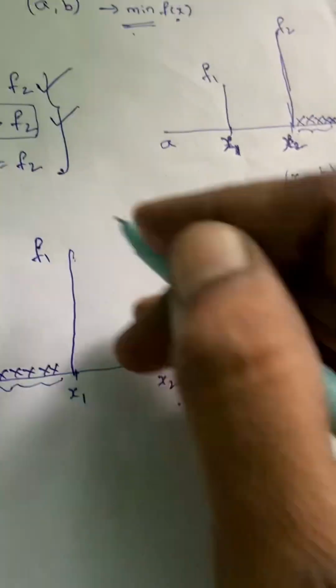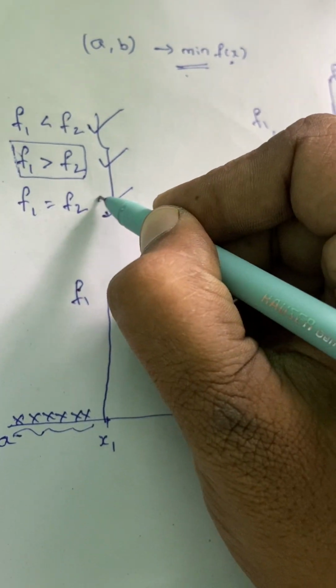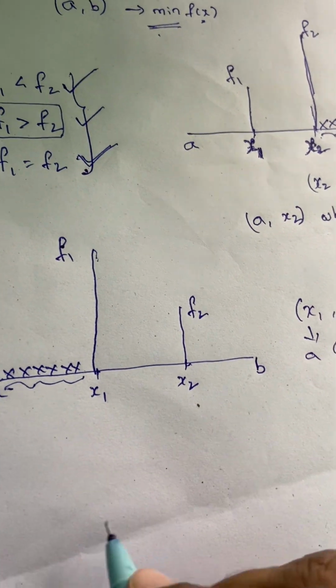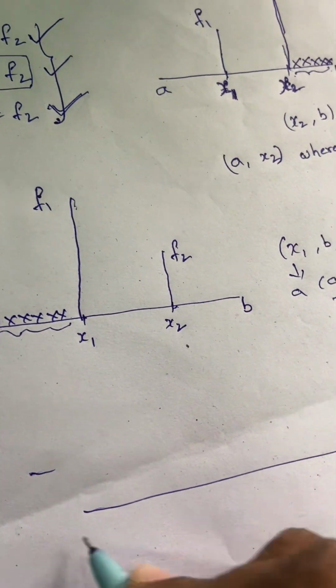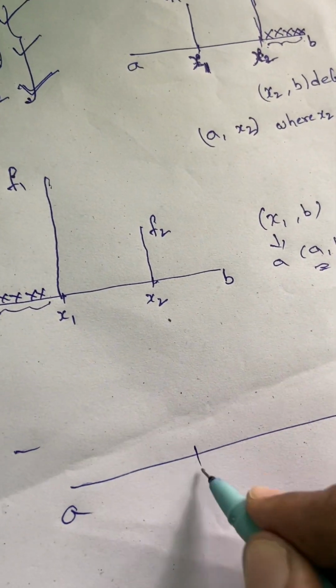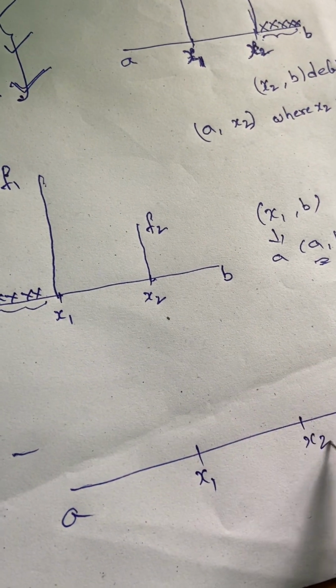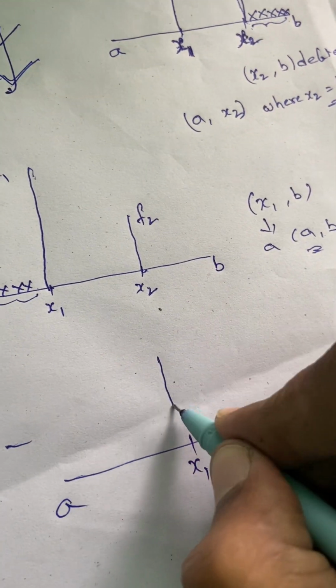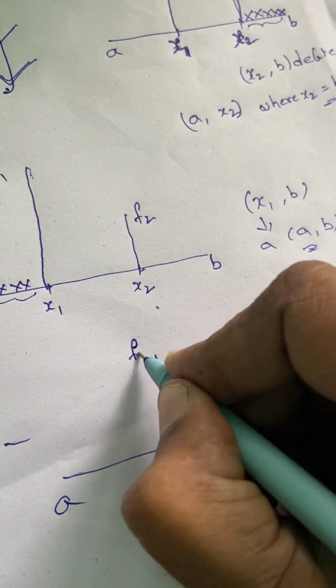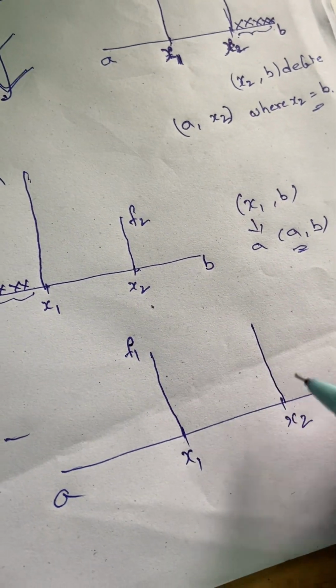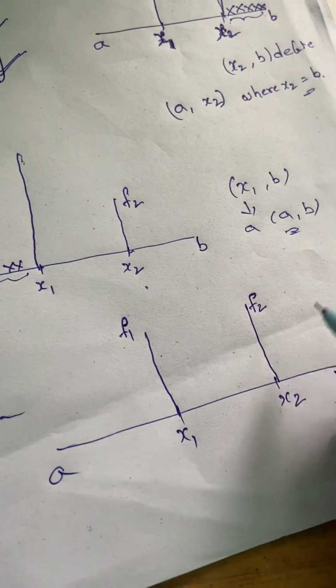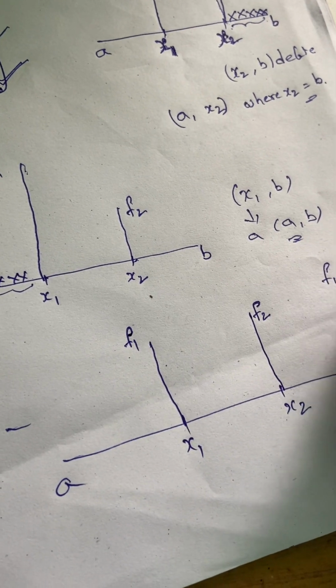Again we evaluate the function at points x1 and x2. Consider the last possible outcome, f1 equal to f2. If we consider an interval a comma b and evaluate the function at two points x1 and x2, the value of f1 is like this and the value of f2 at point x2 is like this, since f1 is equal to f2.